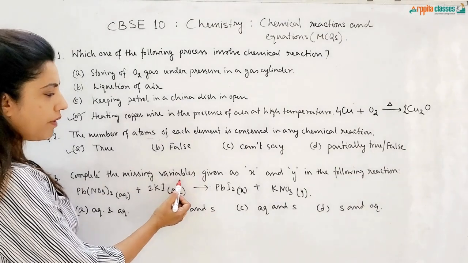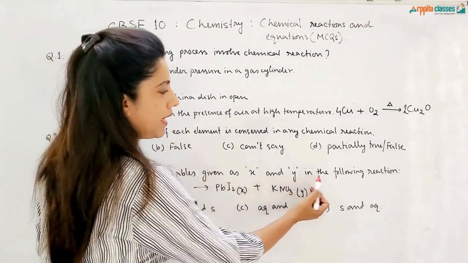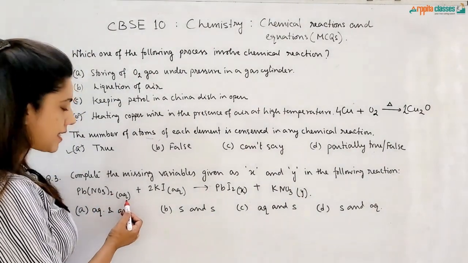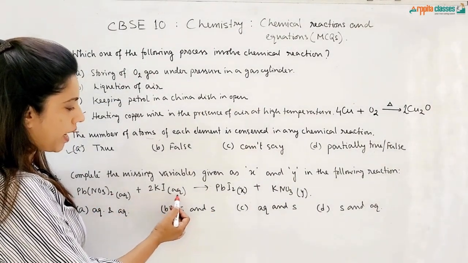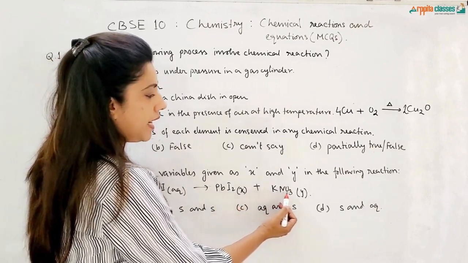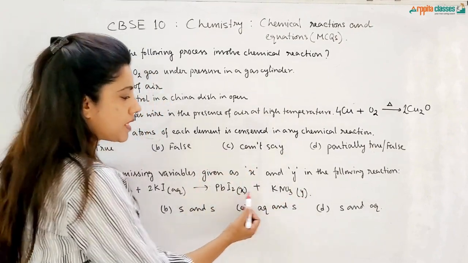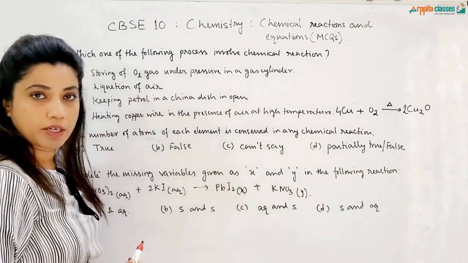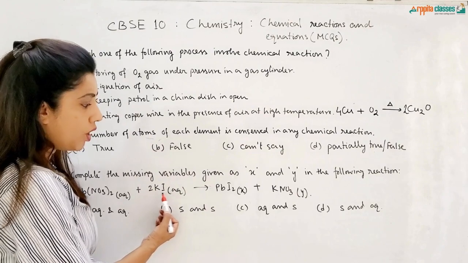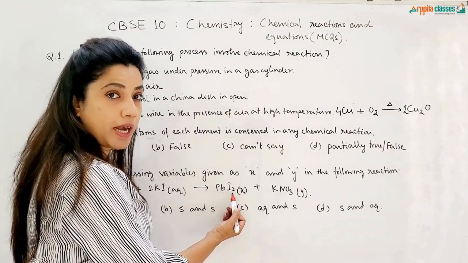Complete the missing variables given as X and Y in the following reaction. The reaction is Pb(NO3)2 aqueous plus 2KI aqueous gives you PbI2 (X) plus KNO3 (Y). So we need to find out the physical states of the products. We know that when lead nitrate reacts with potassium iodide, we get lead iodide, which is a solid.